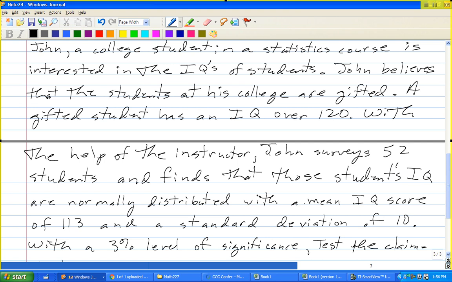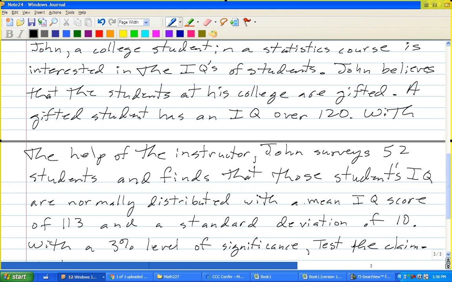The IQ scores are normally distributed, so this is a normal random variable. The population parameter we're going to be considering will be the population mean.